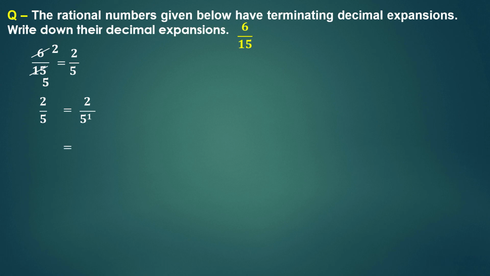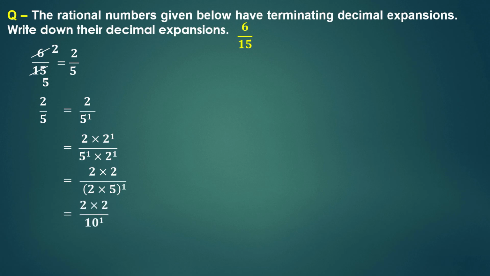So we will multiply both the numerator and the denominator with 2 to the power 1. On multiplying with 2 to the power 1, we get 2 into 5 whole to the power 1 in the denominator, which gives us 10 to the power 1 in the denominator. And in the numerator, we have 2 into 2. This gives us 4 by 10, whose decimal expansion is 0.4.